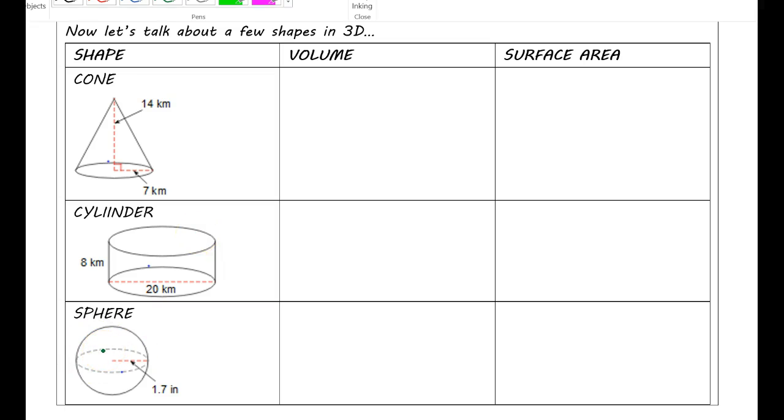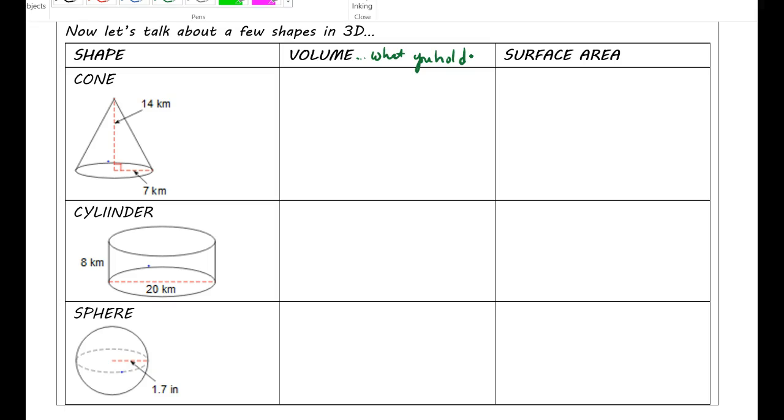So those are the things that you can see in the real world. So you'll be talking about volume of those, and volume just means how much you can hold, okay? So if, like, pretend I was to pour water into this cone, how much water could it hold? So what you hold is your volume.